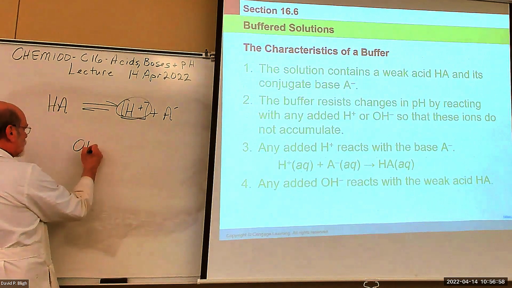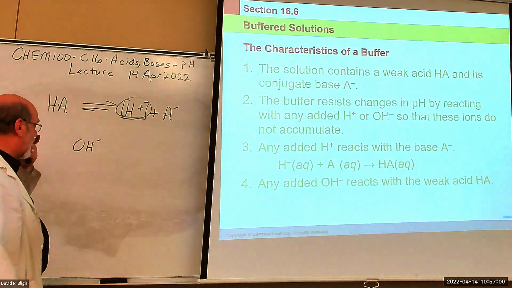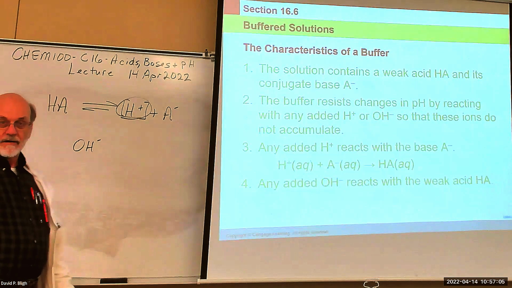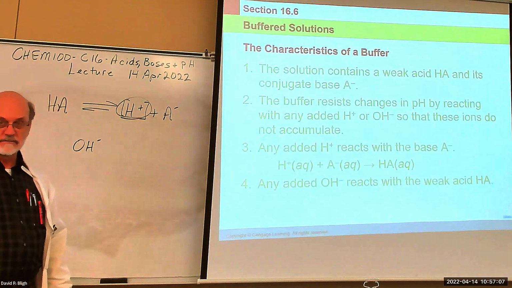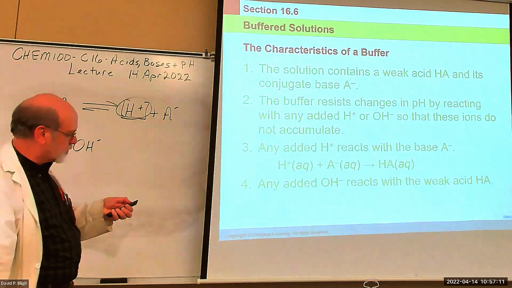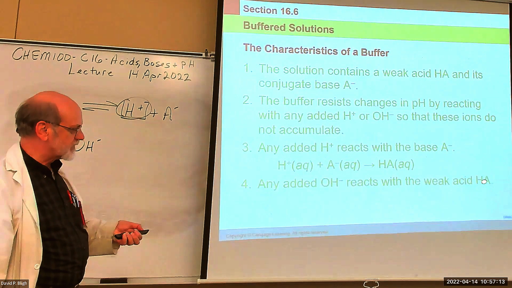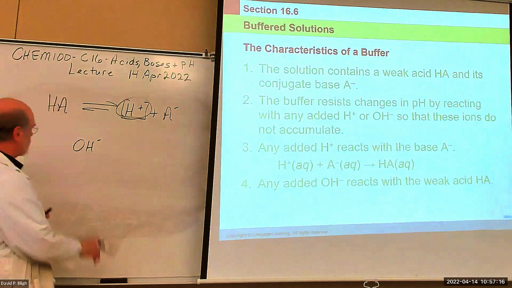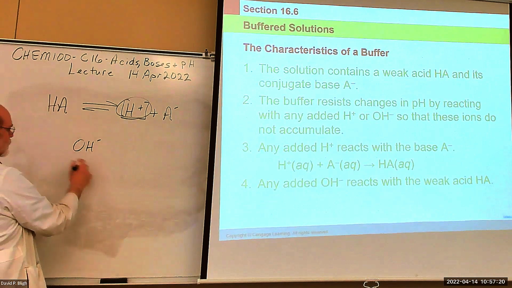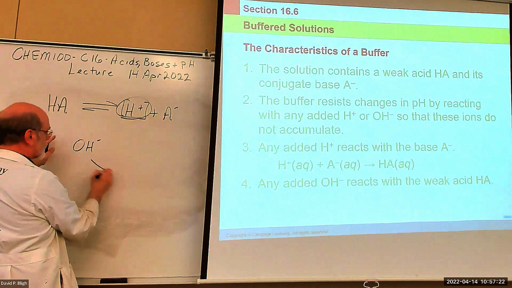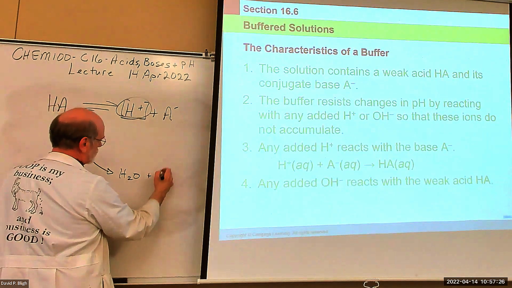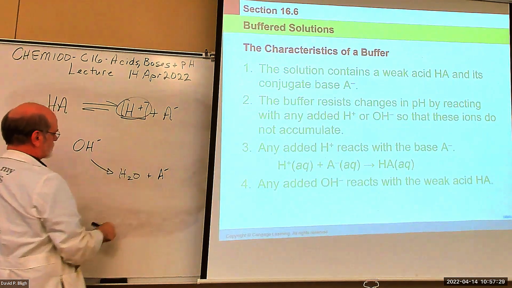So if we add hydroxyls, what are they going to do? They're going to go for hydrogen ions, right? This expression here says that it's going to react with this weak acid. Okay, I'll buy that. It could react with this one. What is it going to produce? Well, it's going to produce water and more of these, right?